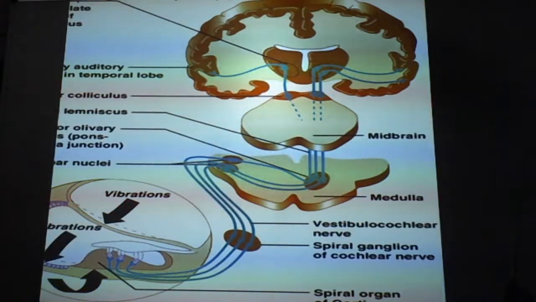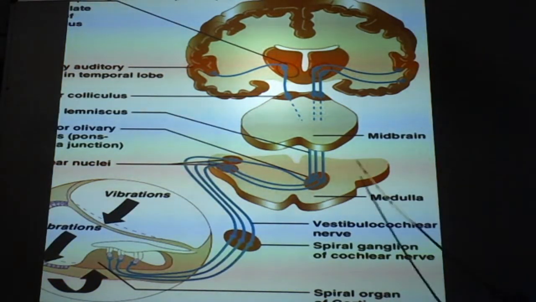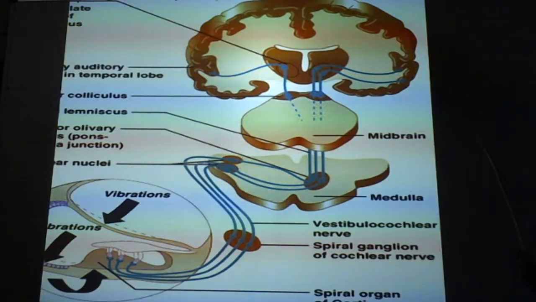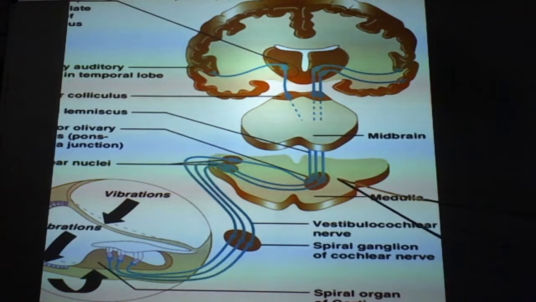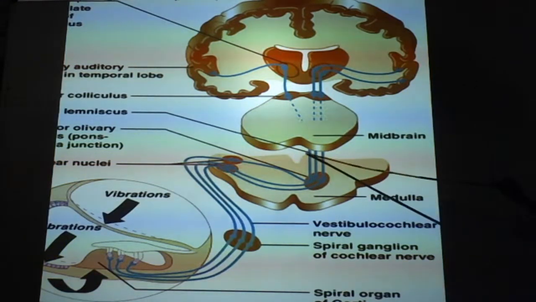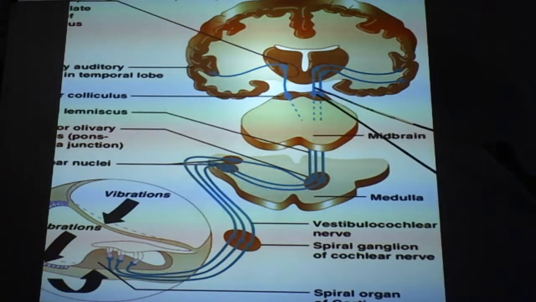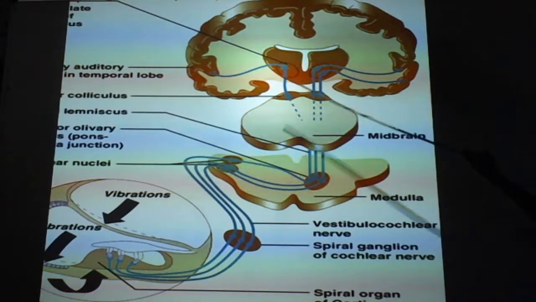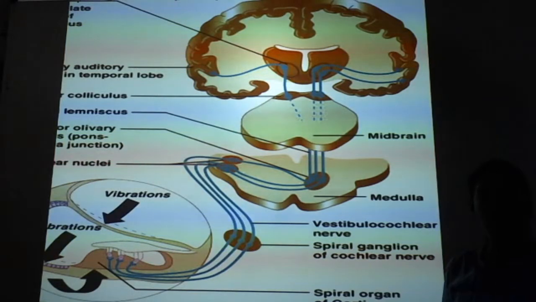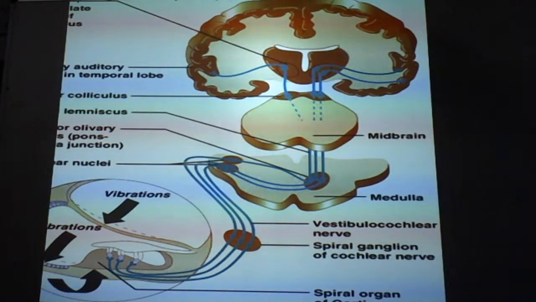A few terminate in the lemniscus nuclei, and some fibers go on the same path, very few, but the maximum pass to this side. They further reach the inferior colliculi, and later the primary auditory cortex, which is present in the temporal lobe.